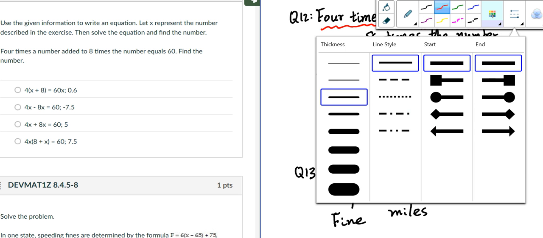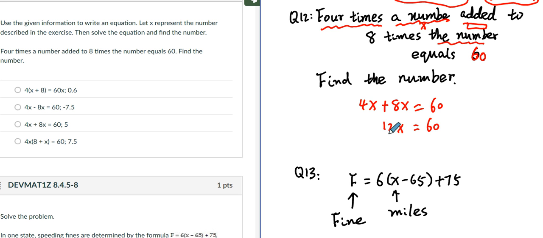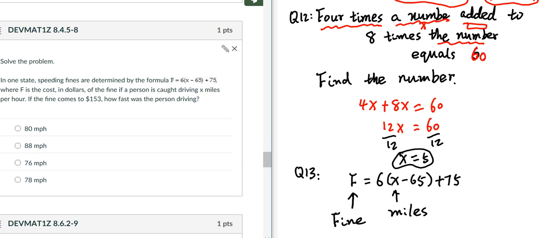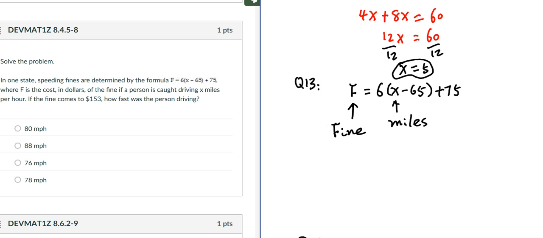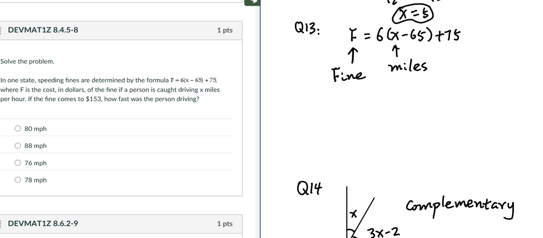Then we have both sides divided by 12. So x equals 5. That's the solution. So in this case, we should choose this one. Keep going. Now, here we have question 13.